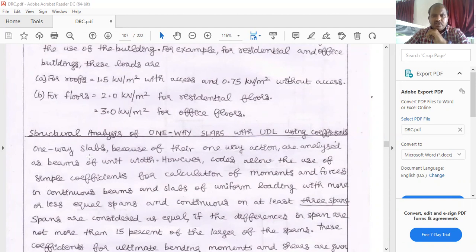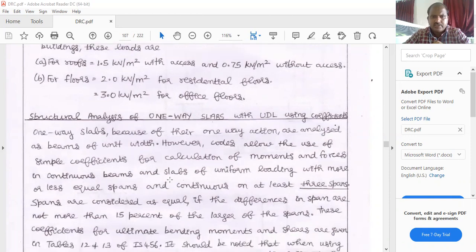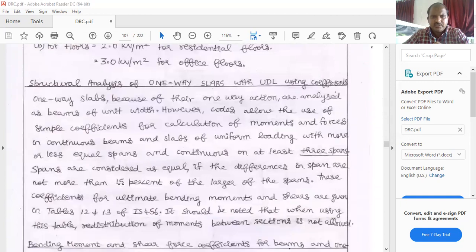However, codes allow the use of simple coefficients for calculation of moments and forces in continuous beams and slabs of uniform loading with spans more or less equal and continuous over at least three spans. Spans are considered equal if the difference in spans is not more than 15% of the larger of the spans.